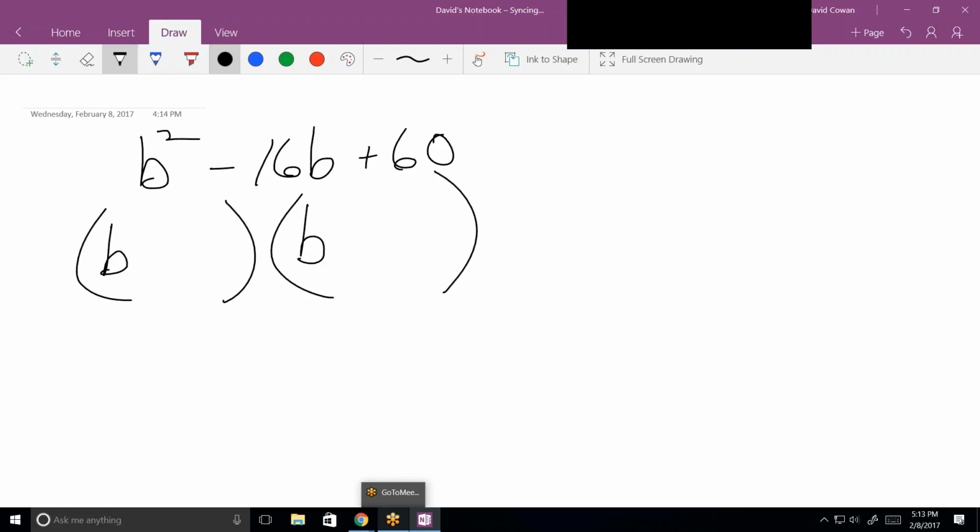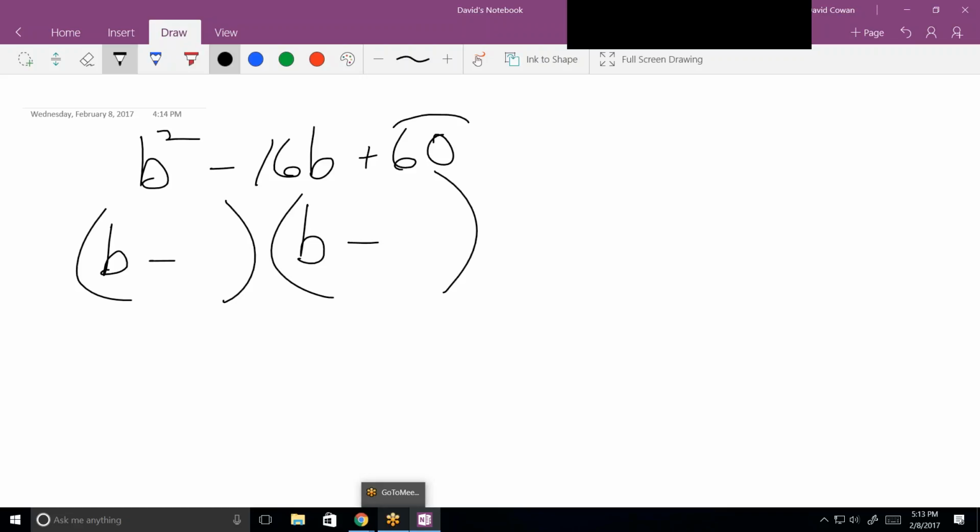Well, I know both signs have to be the same. They could be minus minus or they could be plus plus. Either one will produce a plus. I look to the sign on the middle term to determine which. The sign on the middle term is negative, therefore it has to be minus minus.